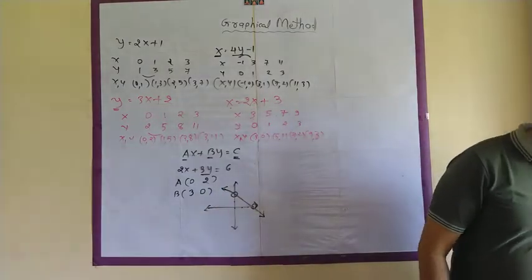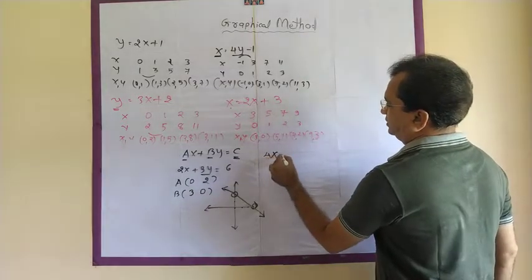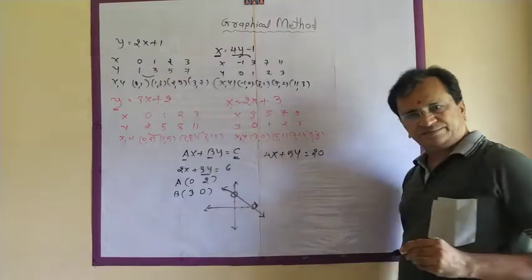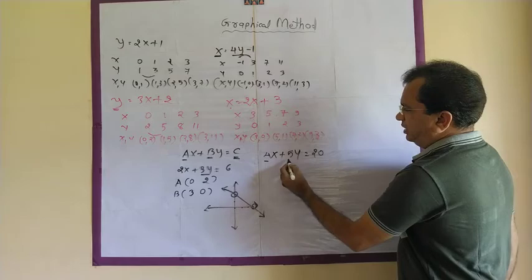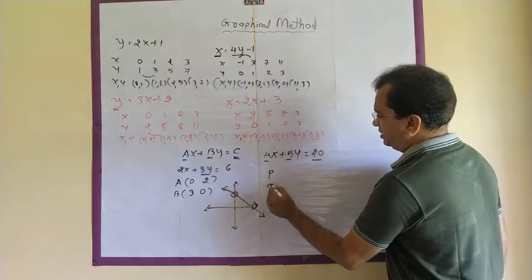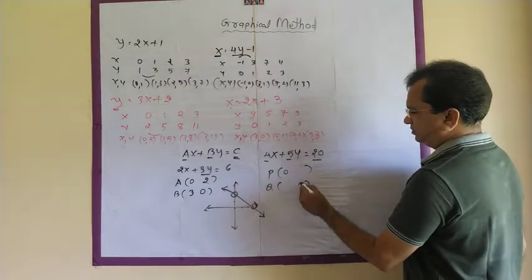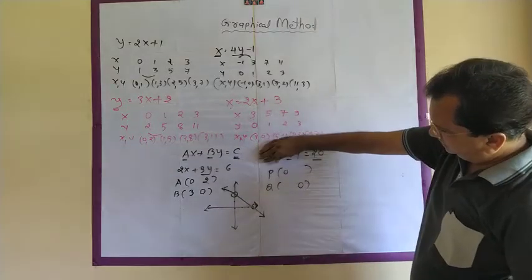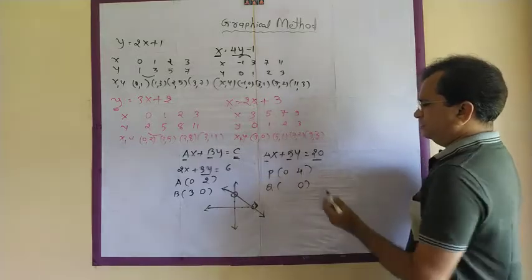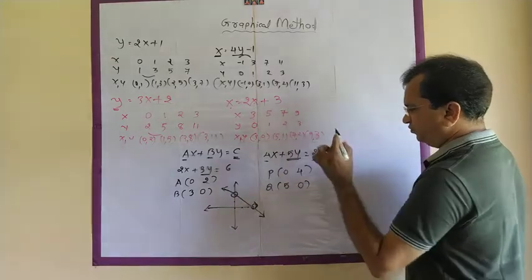One more example I will take: 4x plus 5y is equal to 20. A and B are factors of C. So again that method, P, Q. x is 0, y is 0. Suppose x is 0, 5y is equal to 20, so y is equal to 4. y is equal to 0, 4x is equal to 20, so x is equal to 5.